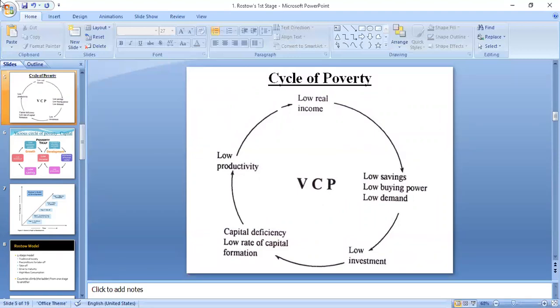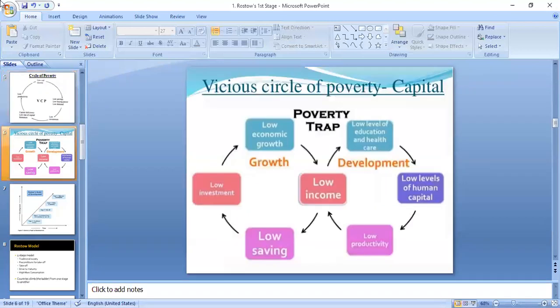We know that whenever a person is earning a daily wage, working as a coolie or something like that, he is not capable of making sufficient savings for his future. So future savings are also lacking. This happens as a cycle, and this cycle is known as the cycle of poverty, and it has been further described as the vicious cycle of poverty.